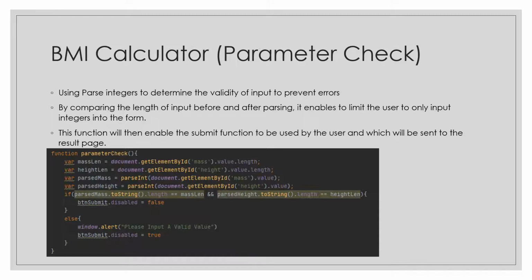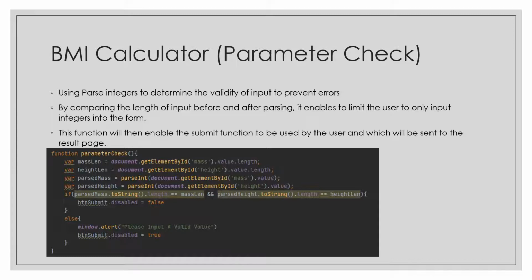By comparing the length of input before and after parsing, it enables me to limit the user input to only integers, as if there was a string, the length will be shortened as the string is blocked from the parsed integer.